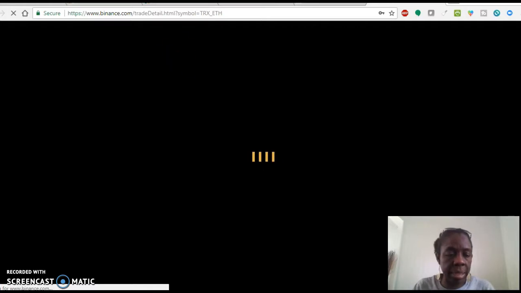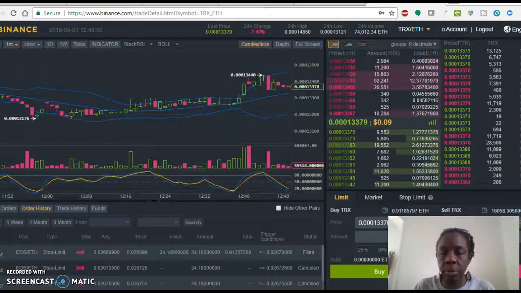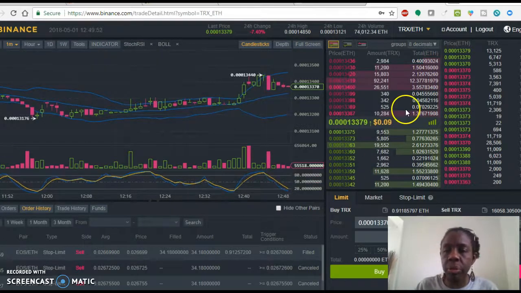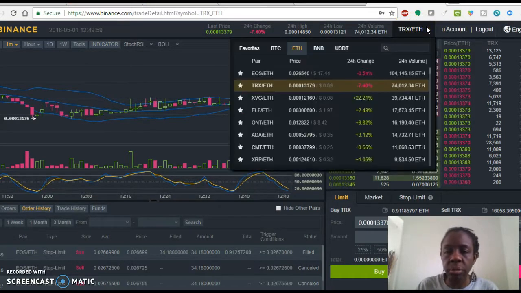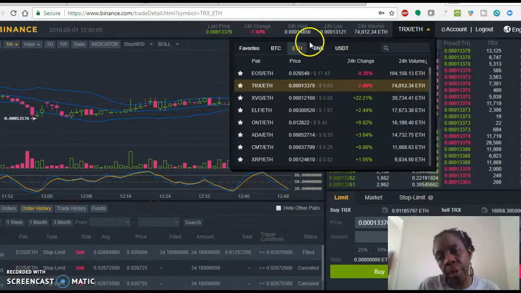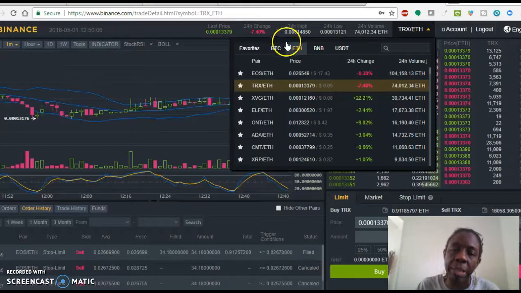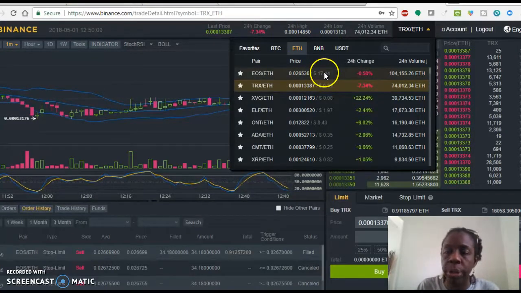Once it lets me in, we're in. Right up the top of the screen, right now I'm looking at this pair, which is the Tron Ethereum pair. You click on this and you have various base coins that you would use to purchase your altcoins.